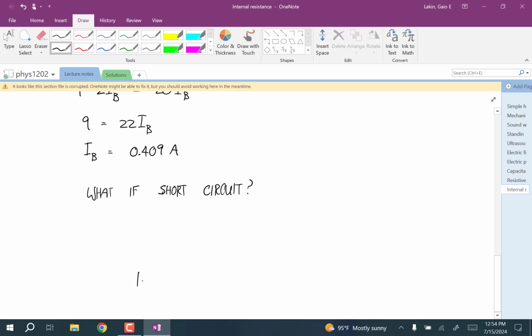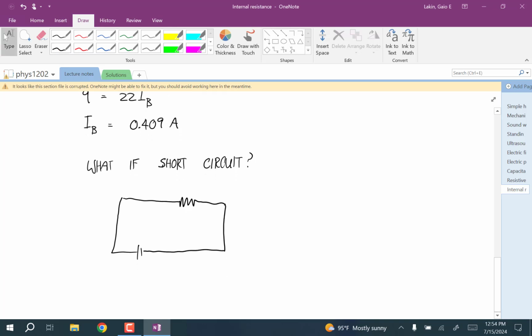So let's say we have this battery down here and this resistor. But now, instead of the circuit working as it should, a connection is made between these two parts. Okay? Well, now notice that this is the same node at both ends of the resistor.